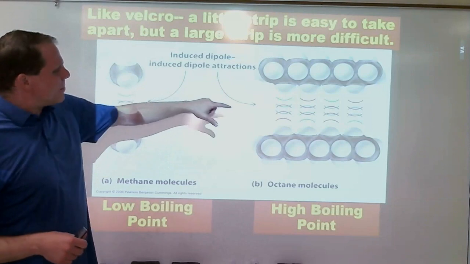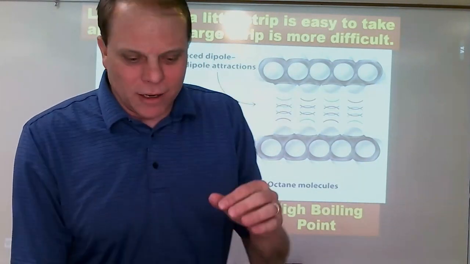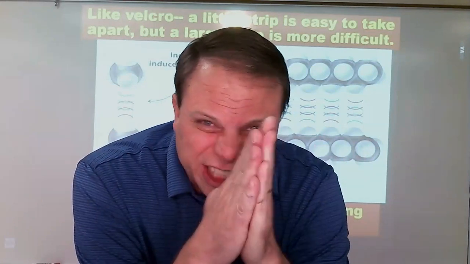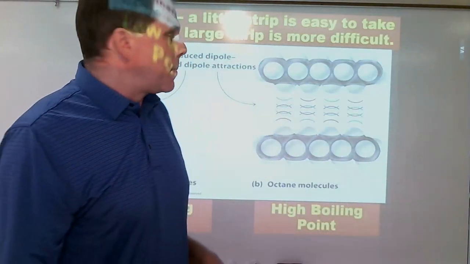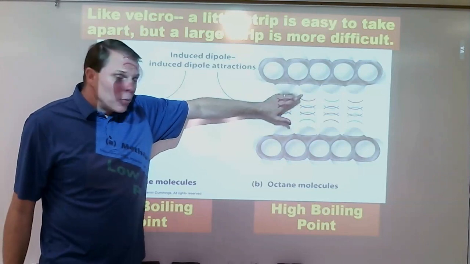If you had two little hooks of Velcro, that would be so easy to pull apart, right? But if you get a whole bunch of Velcro pieces and you try to rip them apart, they're not going to be easy to pull apart, right? You've got to pull them apart from one end and just get a couple at a time. That's what's happening with things like octane.